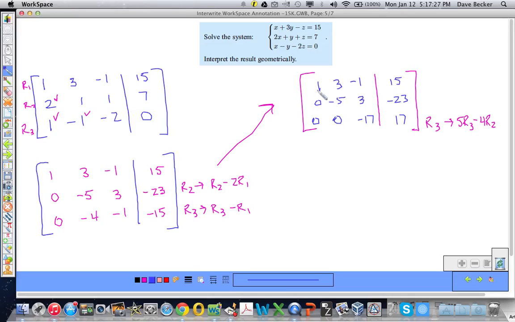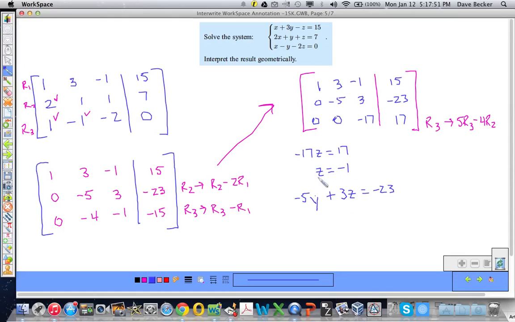Remember, this is my X column, Y column, Z column. So from this last row, I have negative 17z equals 17, and z equals negative 1. Awesome. And then up here, I have negative 5y, sorry, plus 3z is equal to negative 23.